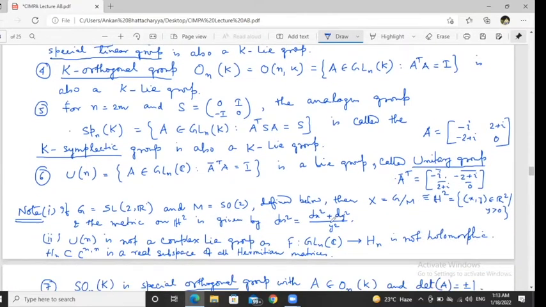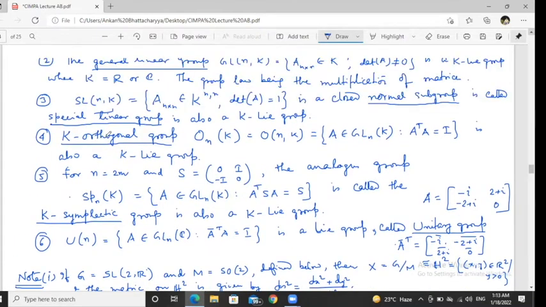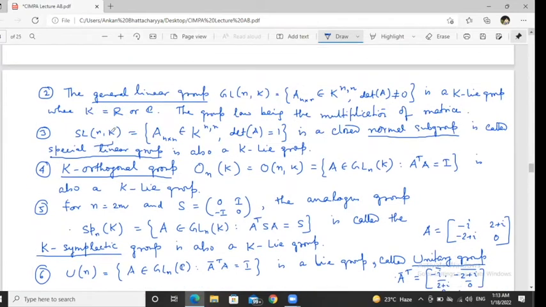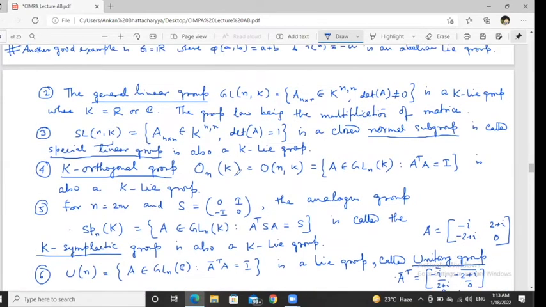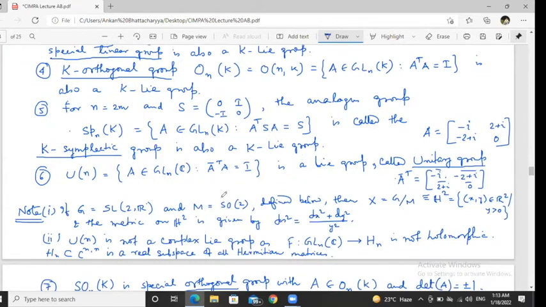Now see, this is a very important concept. Suppose G is SL(2,R), the special linear group, where the dimension is 2 and K is R. If G is SL(2,R) and M is SO(2), whose definition is given afterwards, actually it is a very important concept, so I have given it here.